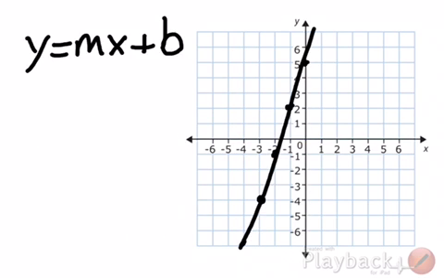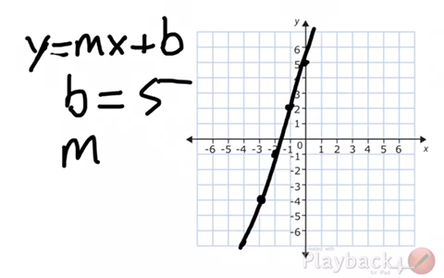So I'd like you to go ahead and find what is the B in this situation. And the B is going to be 5 for this situation. For the slope, count from any one point to the next point.